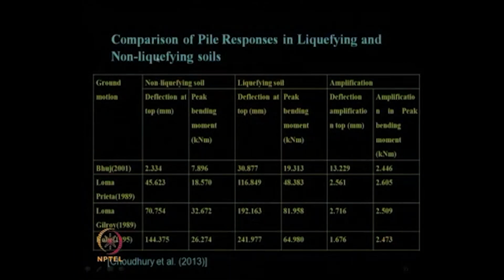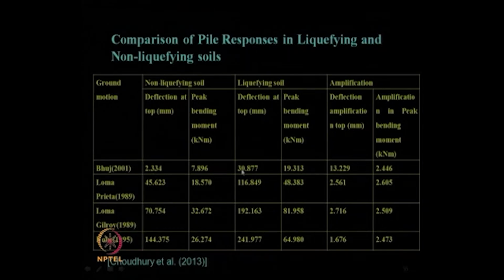Now we can see the results over here. You can see the comparison of pile response in liquefiable soil as well as non-liquefiable soil. Non-liquefiable, we know all about it. When there is no chance of the soil liquefying, under different ground motion conditions, these are your top deflection and peak bending moment. Okay? But when the soil gets liquefied, see the amount of increase in the deflection and in the bending moment.